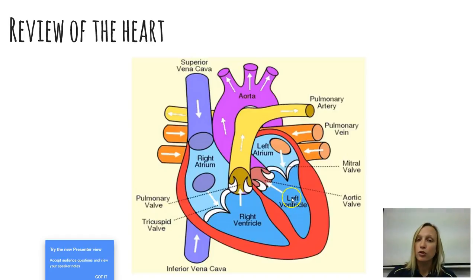Okay, remember, it's all got oxygen. So this blood with oxygen then gets pumped out via the aorta. It's a very, very big blood vessel. It's an artery. It's taking blood away from the heart. Okay, it takes it away from the heart to the body, to the systemic circulation, to deliver oxygen.